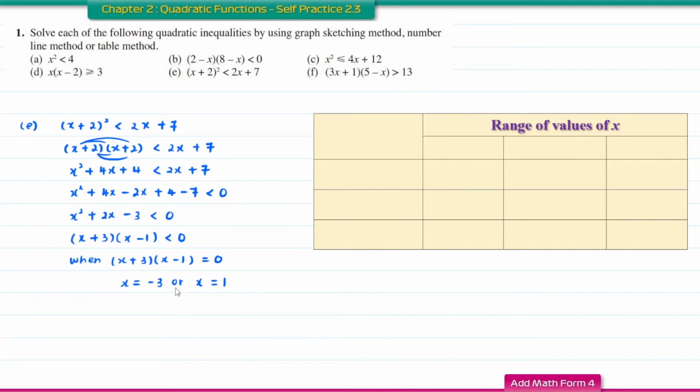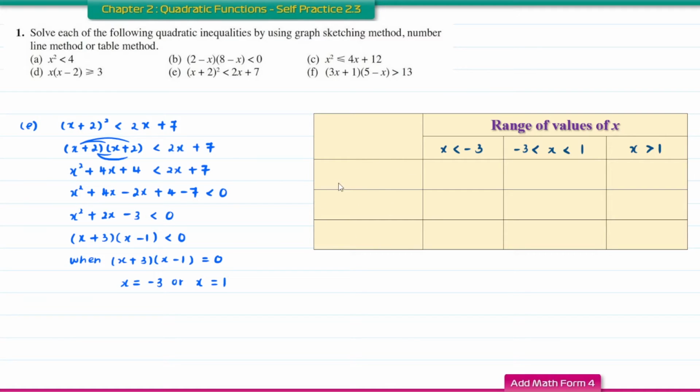Now, the roots that we have here create the ranges of the value of x. So for this part, the range is x less than negative 3. This part is x greater than negative 3 and less than 1. And for this part, x is greater than 1.